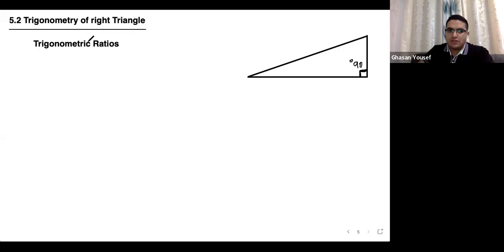So trigonometric ratios will be defined by using the right triangle. Suppose this angle is theta.